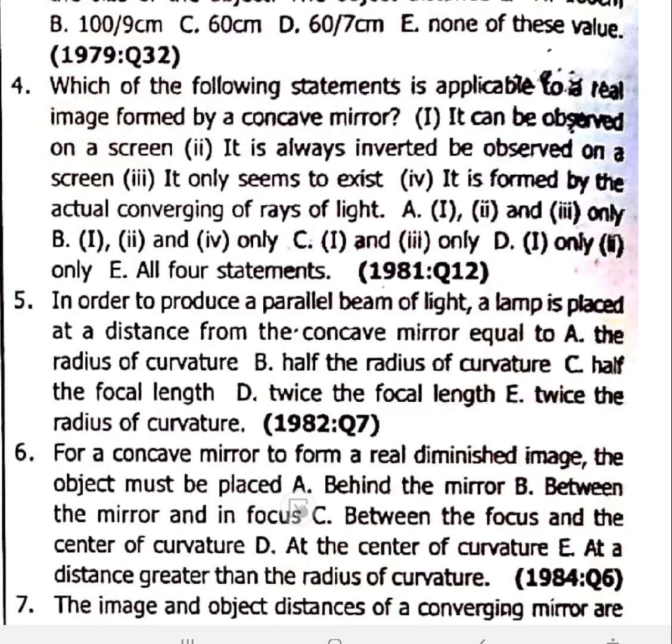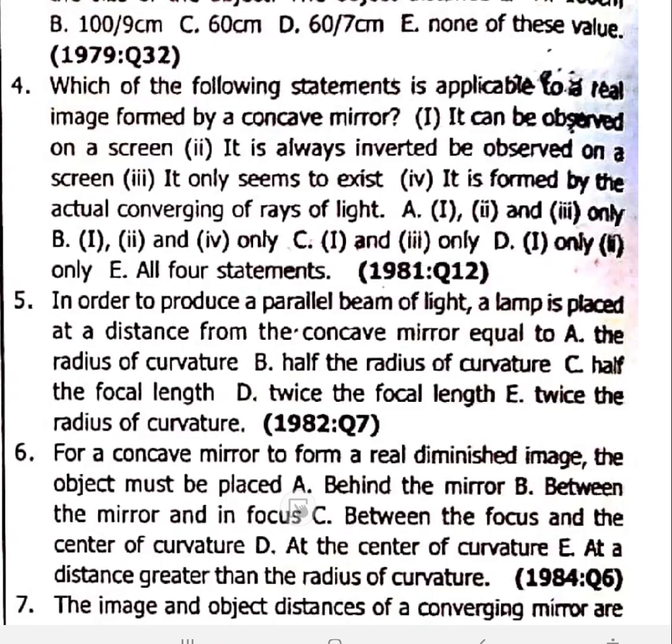Number three: when the object is between the center of curvature and the principal focus, the image is enlarged, inverted, real, and is formed in front of the mirror beyond C. Next, when the object is at F, the principal focus, the image is magnified, inverted, real, but formed at infinity.